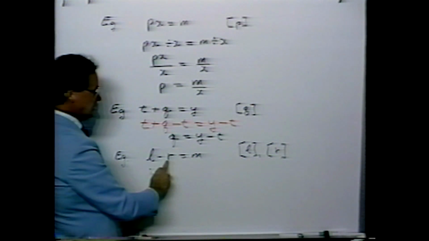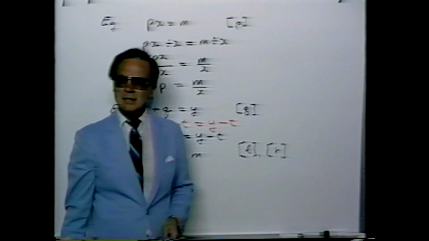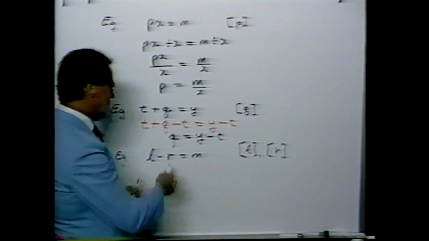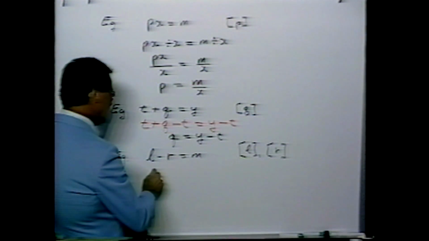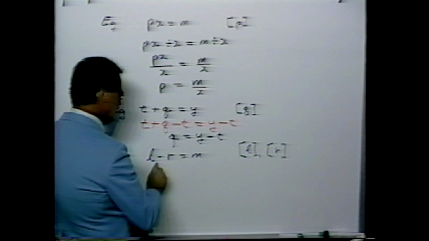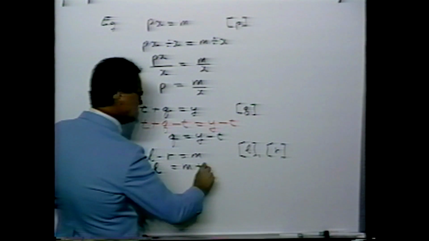L subtract R. The opposite to that operation is addition, and addition will disconnect the operation that now connects them. So adding R to both sides, we end up with L by itself equal to M plus R.